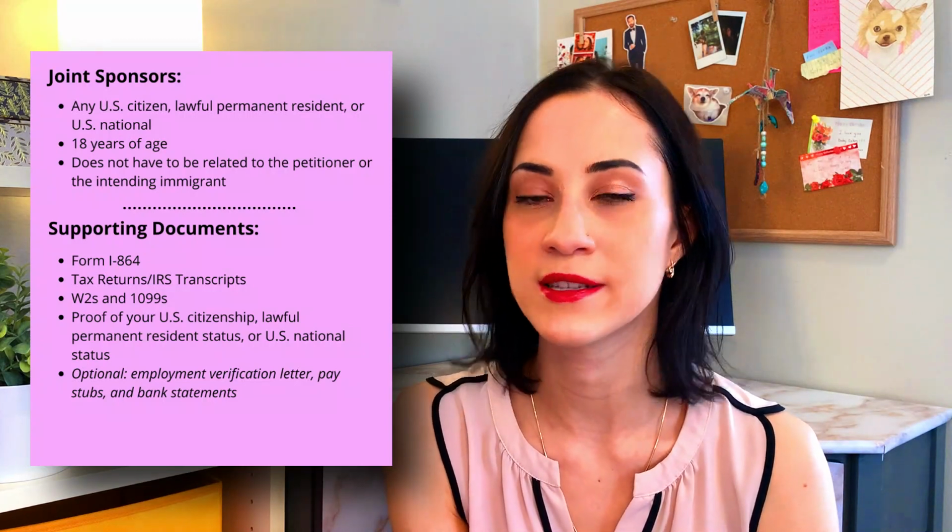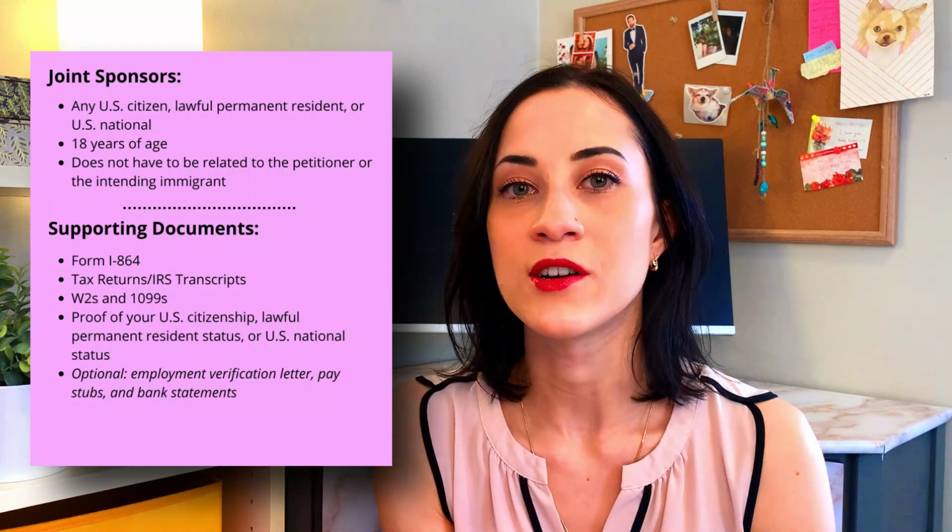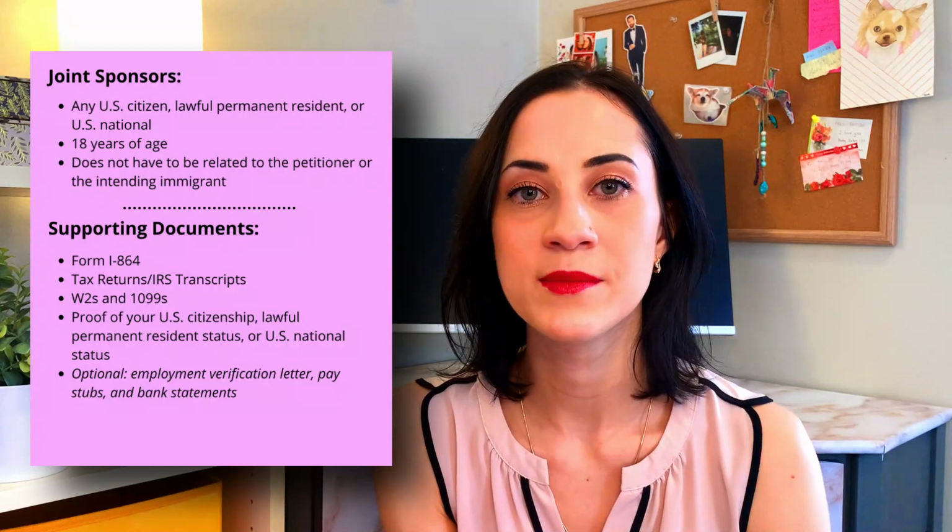They will have to provide proof of their US citizenship or status as a permanent resident, and they will also need to submit necessary financial evidence such as their tax transcripts, W-2s, as well as any additional financial evidence such as a verification letter from their employer and pay stubs, as well as bank statements, etc.